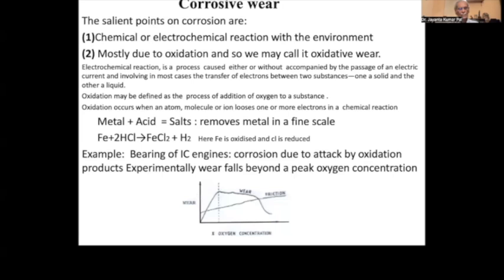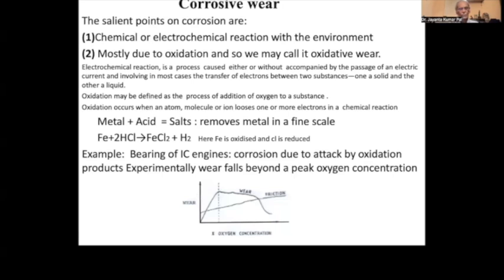And the other one is oxidation. Oxidation is usually thought of as addition of oxygen, but that may not be so. Oxidation can occur when an atom or molecule or ion loses one or more electrons in a chemical reaction. So losing of electron is basically an oxidation. And that happens when oxygen is added.